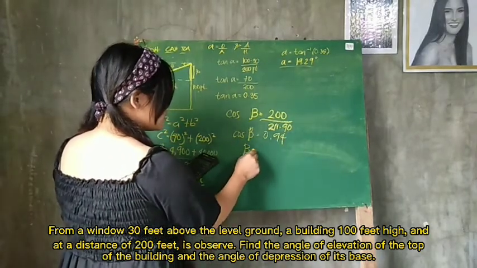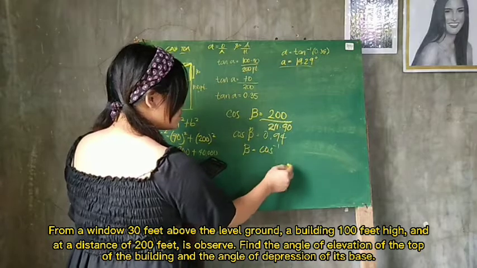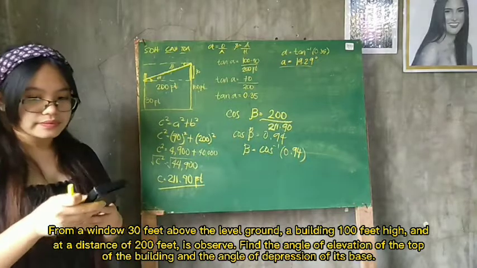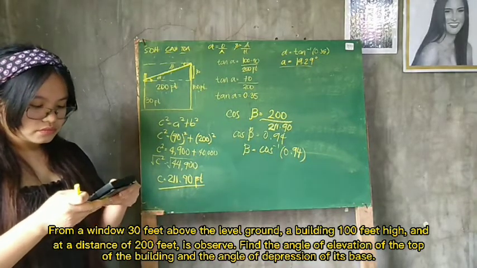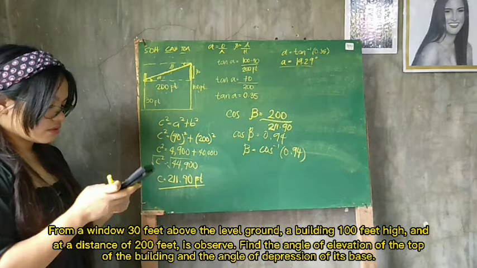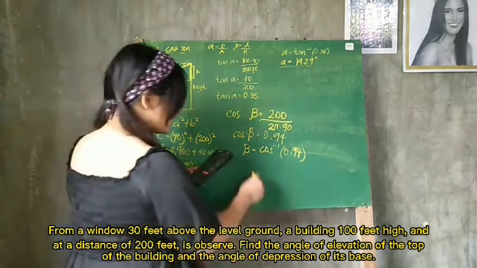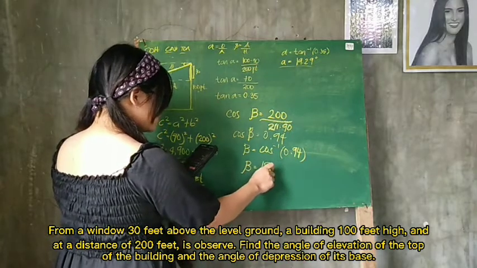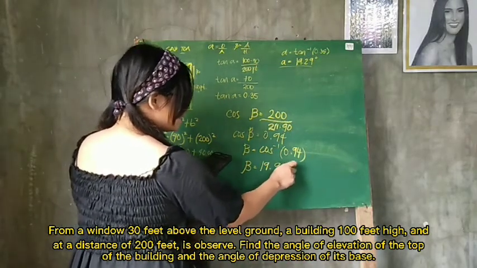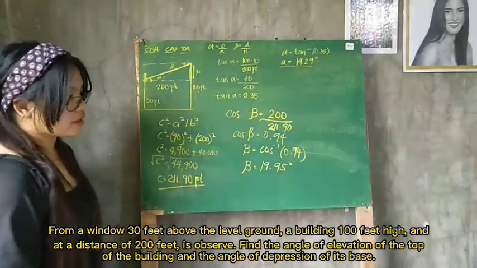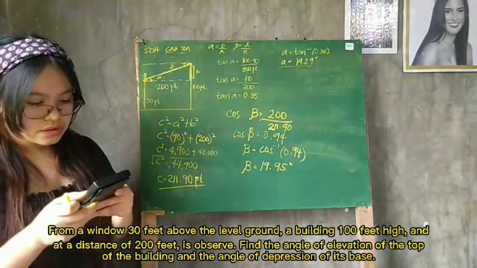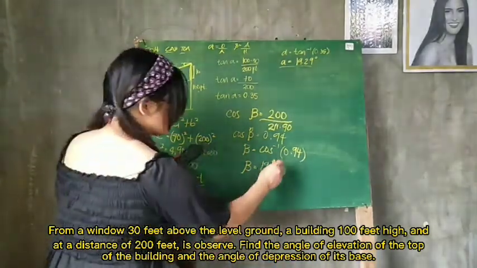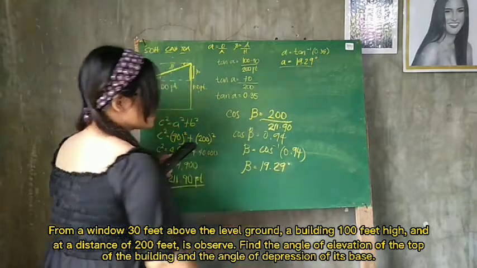And the angle B is cos inverse of 0.94, so we have 19.29 degrees.